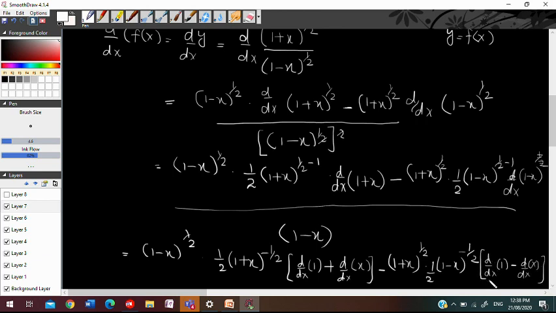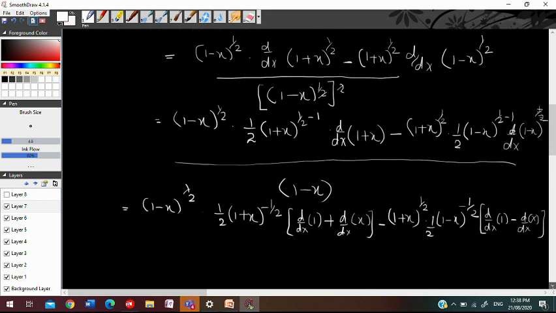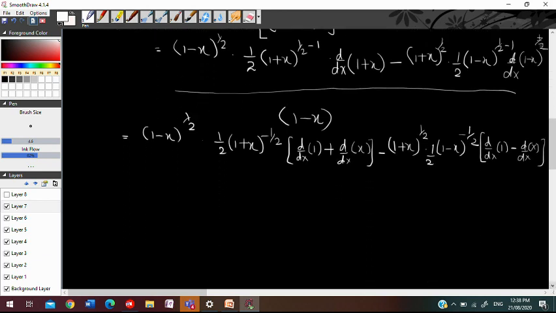And the denominator is 1 minus x, 1 minus x.